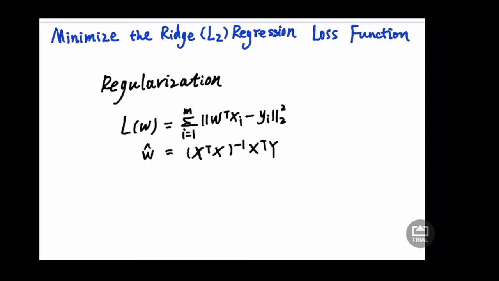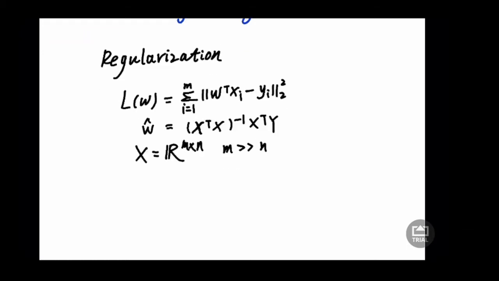Here we have to get the inverse of X transpose X. X is an M by N matrix. Ideally, M should be much larger than N. But sometimes we don't have that many samples. Sometimes M is relatively small, and meanwhile maybe you have a very high dimensional feature space.